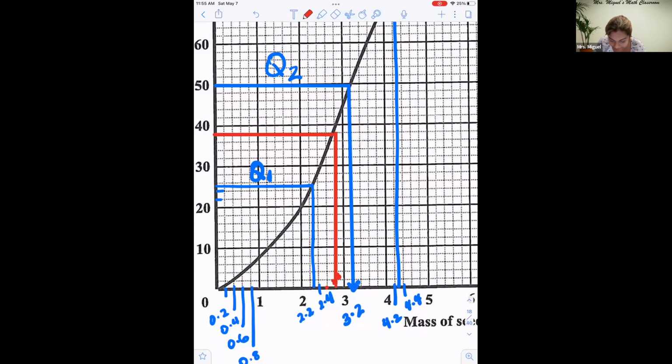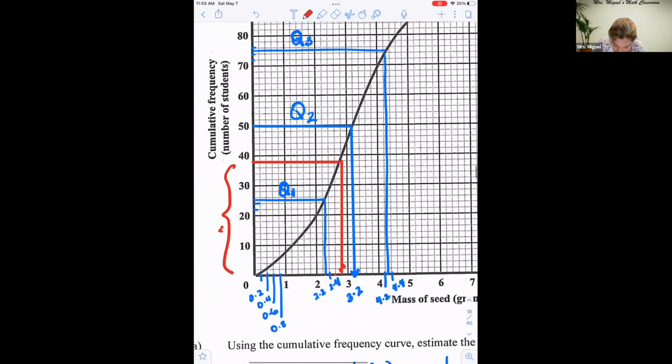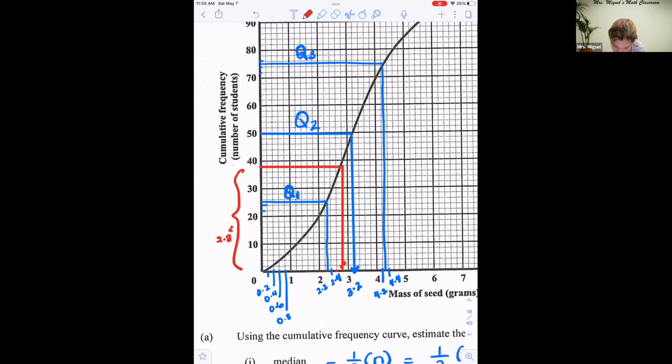And these students had a mass less than 2.8. Less than or equal to 2.8. Read off the value.